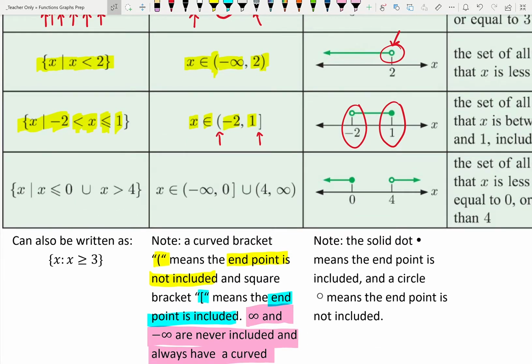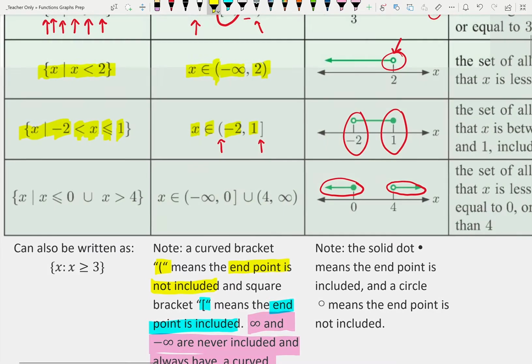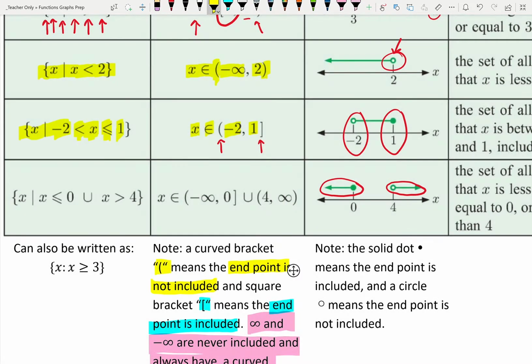If we've got two distinct regions that we need to include, we've got this one here which is less than and including 0, and this region which is greater than but not including 4, then we use, again, a part of set notation. You might have seen it in Venn diagrams. So looking at the set notation here, the domain is the set of all x such that x is less than or equal to 0 in union with x greater than 4.